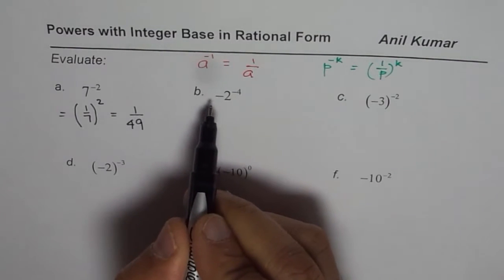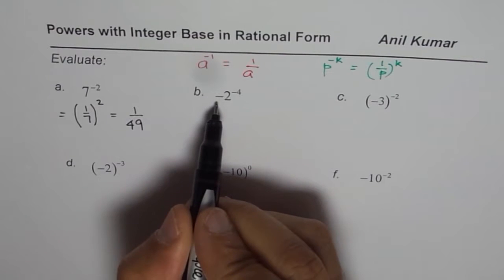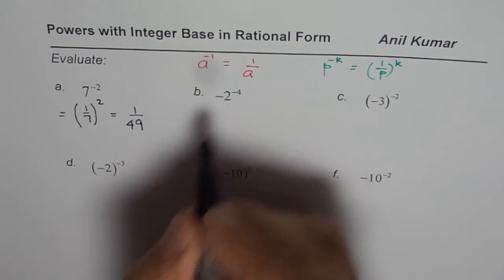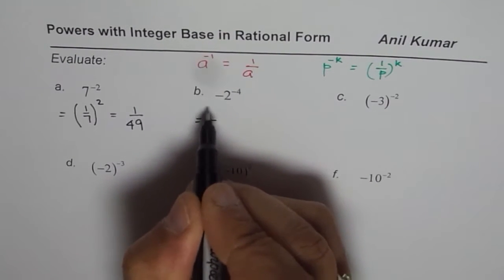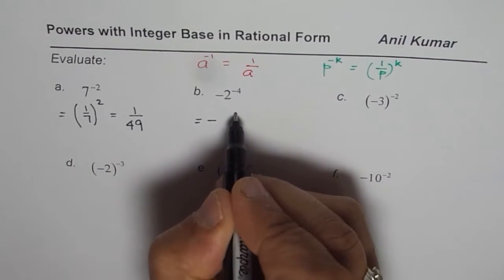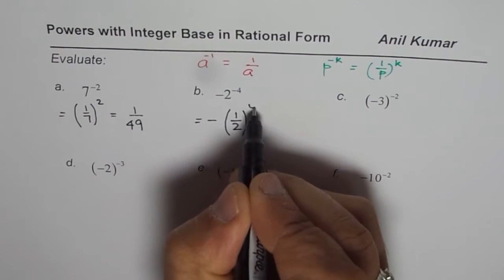Now let's look into minus 2 to the power of minus 4. Remember, in this, minus 2 is not to the power of minus 4. So therefore, it should be treated like this. This is equal to minus. Minus is outside. 2 is to the power of minus 4. So we could write this as 1 over 2 to the power of 4.